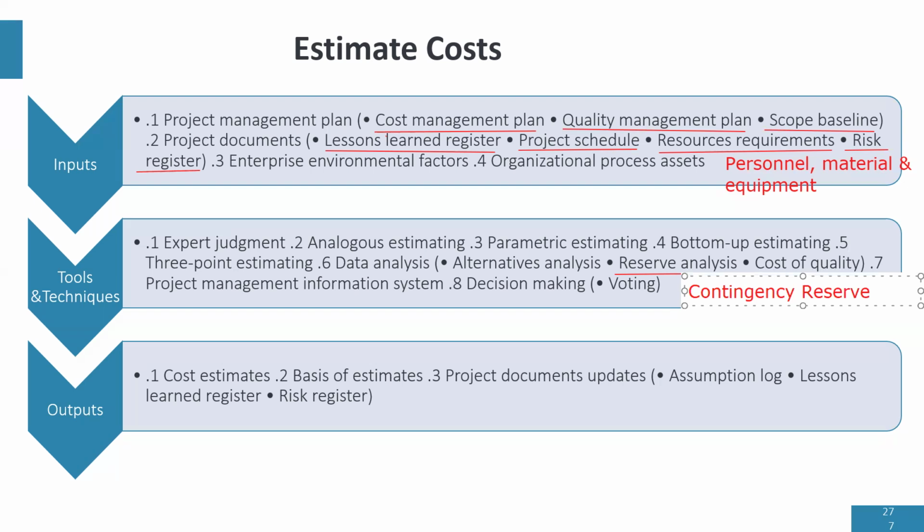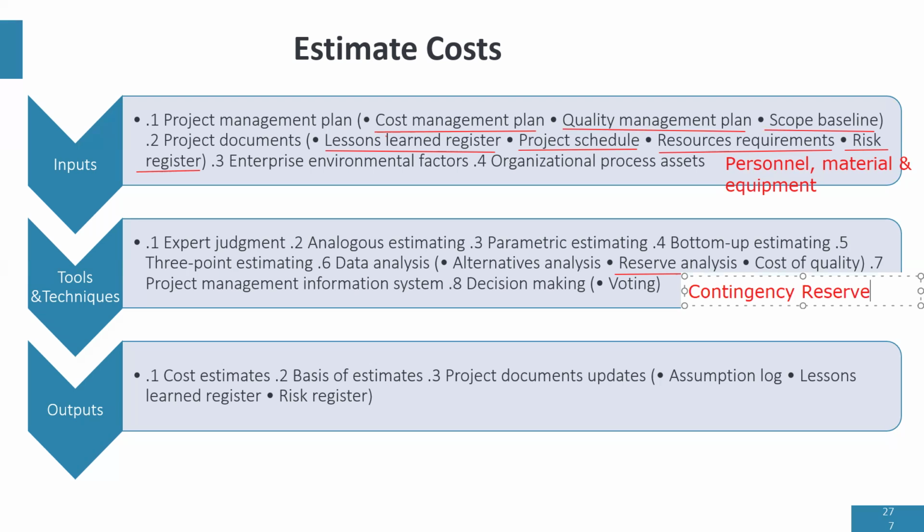Contingency reserve is money that you've kept aside for the sake of risk. And this contingency reserve will be added to the cost of the activity. It's not money for the activity, but money just in case a risk happens on that activity.